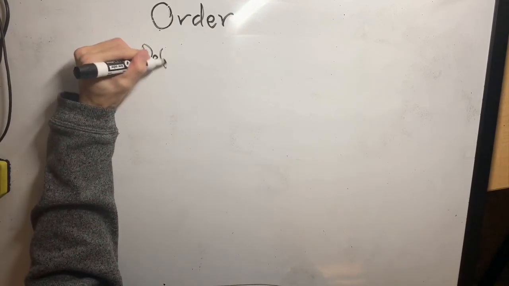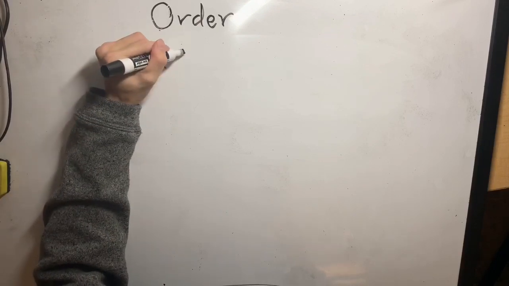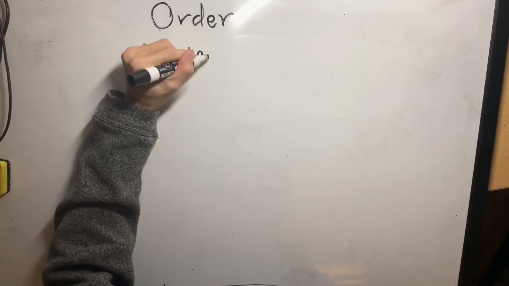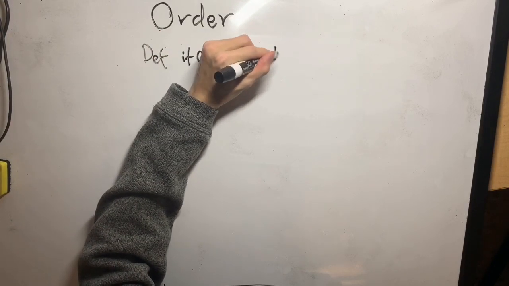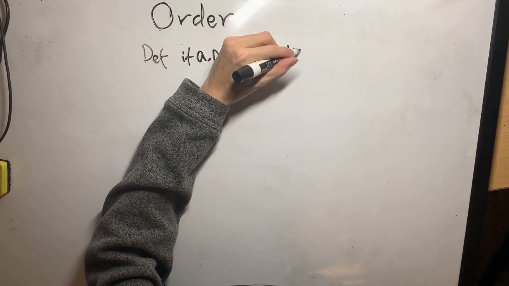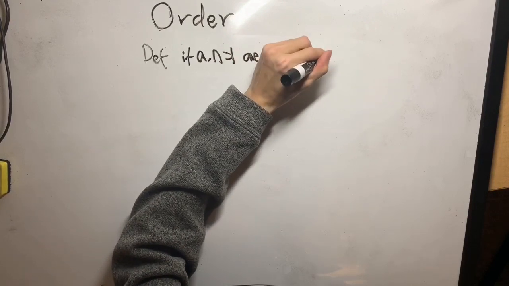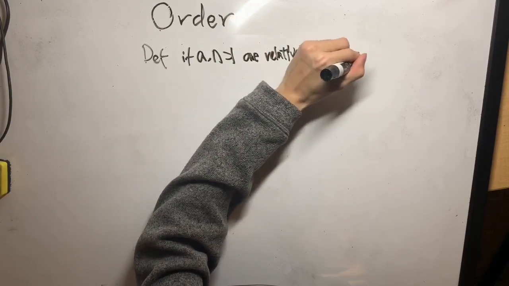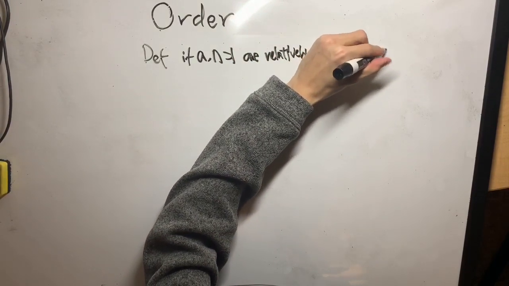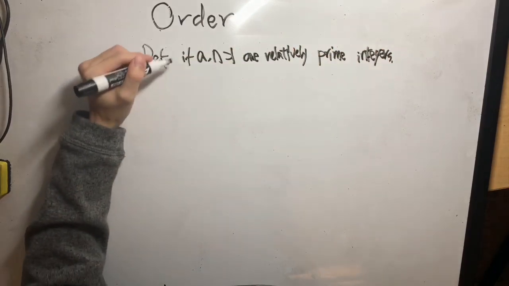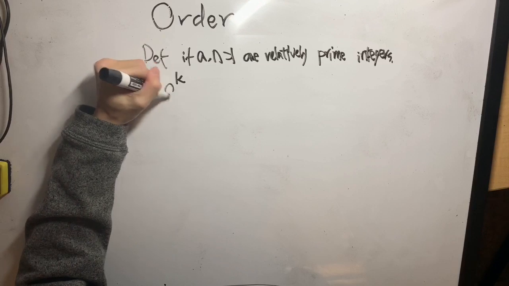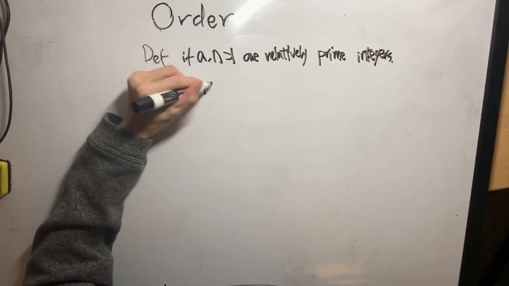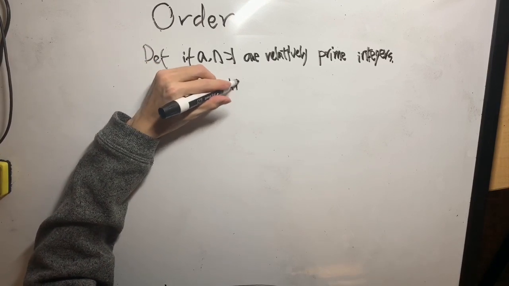The definition of order is that if a and n bigger than 1 are relatively prime integers, then we have an infinite number of k such that a to the k is congruent to 1 mod n.